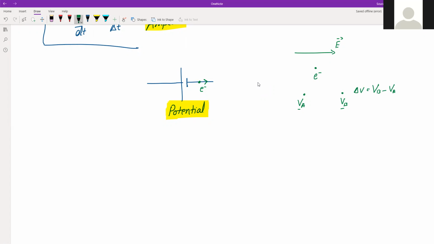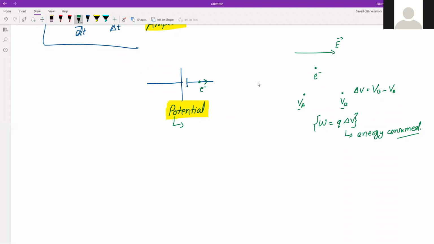And the amount of work done is equal to Q into delta V. Or you can say this is the amount of energy consumed in moving from A to B. Potential actually is, you can say, the source of energy.